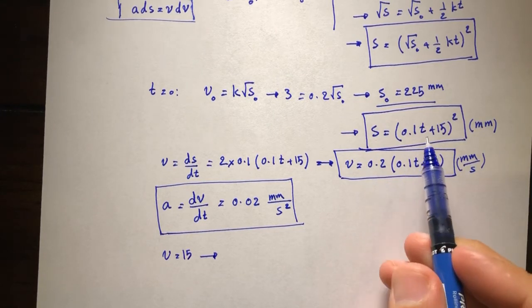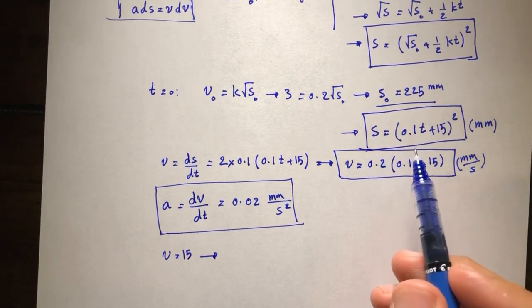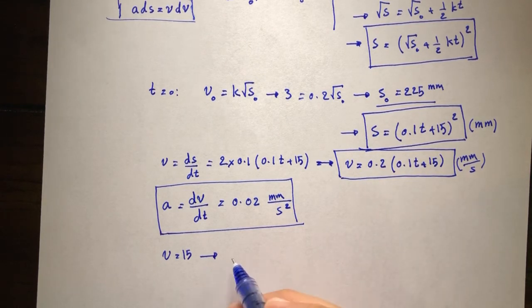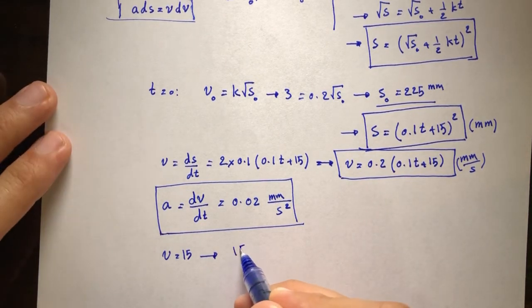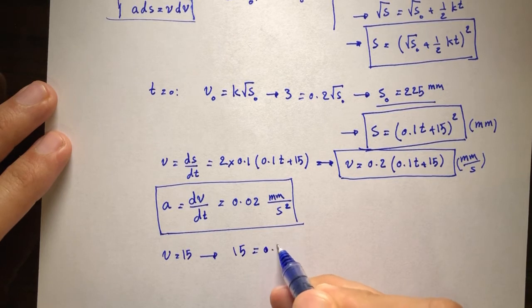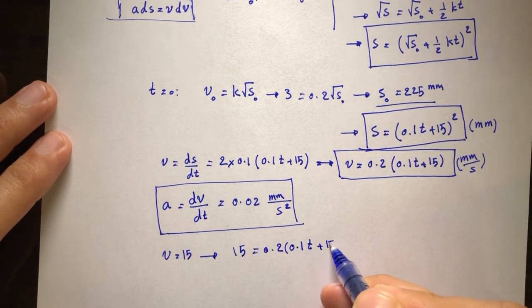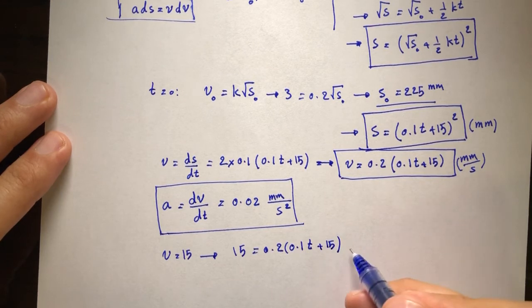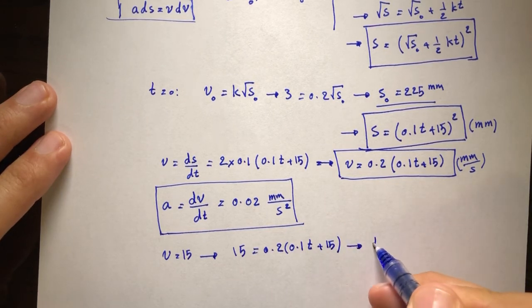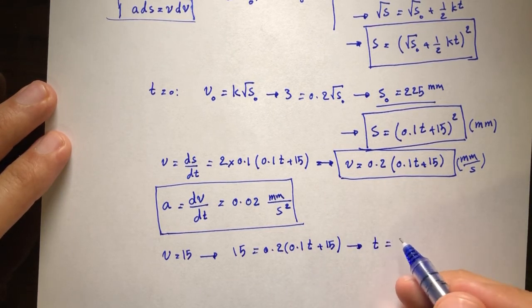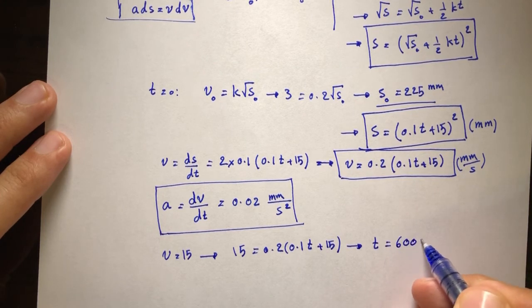Then after finding time, I can put it here to find the position, right? So velocity is equal to 15. So 15 is going to be equal to 0.2 times (0.1t plus 15), from which we can find the time to be equal to 600 seconds.